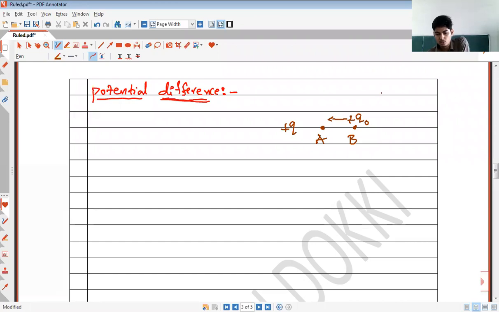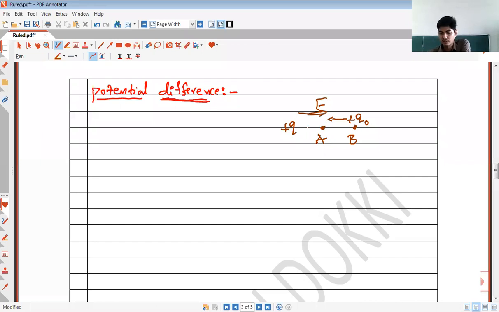When I try to move this charge plus Q from point B to point A, the electric field produced by the source charge will exert a force of repulsion on it. So against this force of repulsion, I will have to do the work in moving this test charge Q0 from point B to point A.